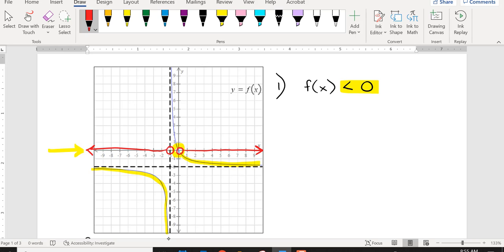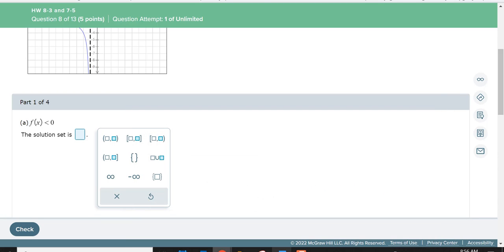So my answer would be negative infinity up to negative 1. It would not include negative 1. And then it would also be from 0 to infinity. Again, it cannot include 0. That's going to be a parenthesis. So back to my problem.